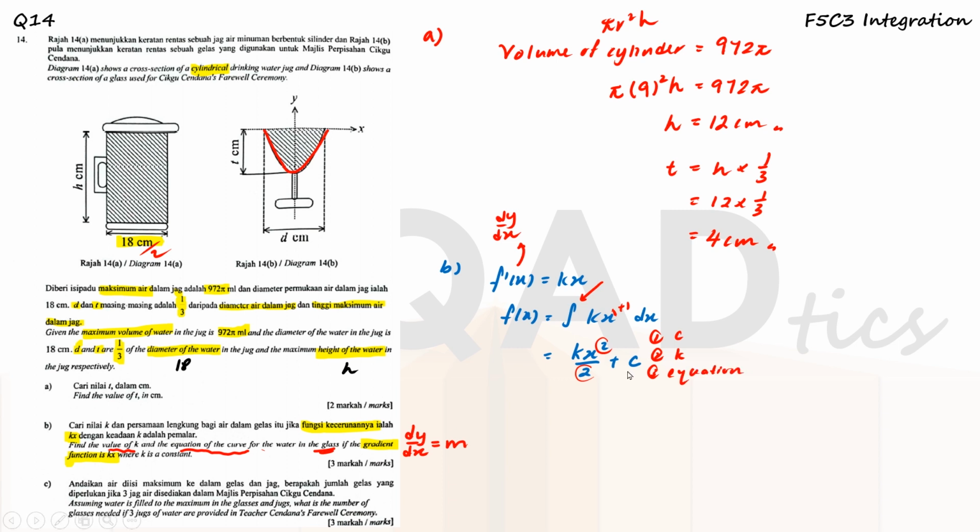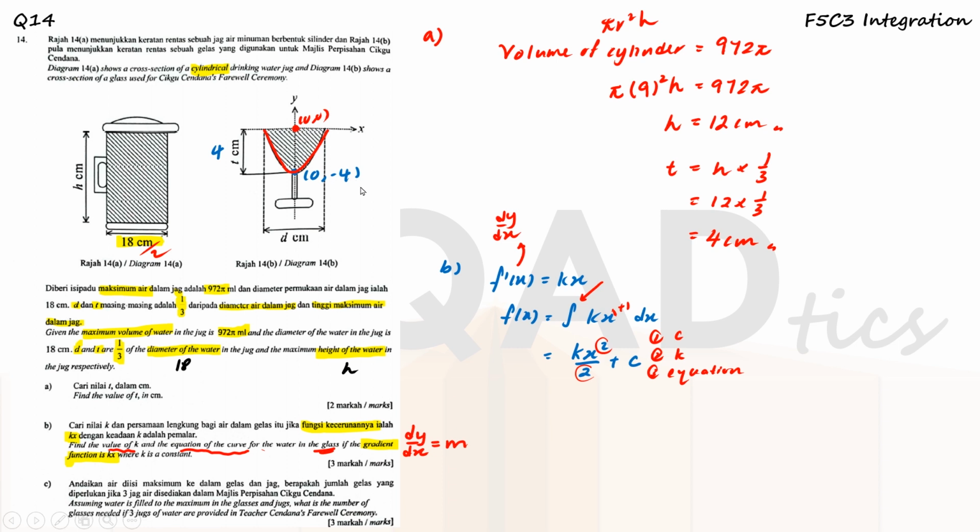So what we need now is some points in this diagram, because the diagram shows us the x and y axes. Now we can use the information that we got from part A. We know that t is 4, so if this is the origin, which means 0, 0, if we go 4 units downwards, this point would be 0, negative 4.